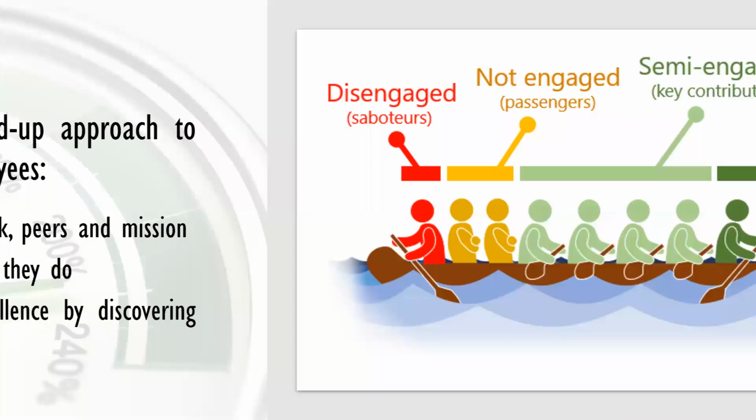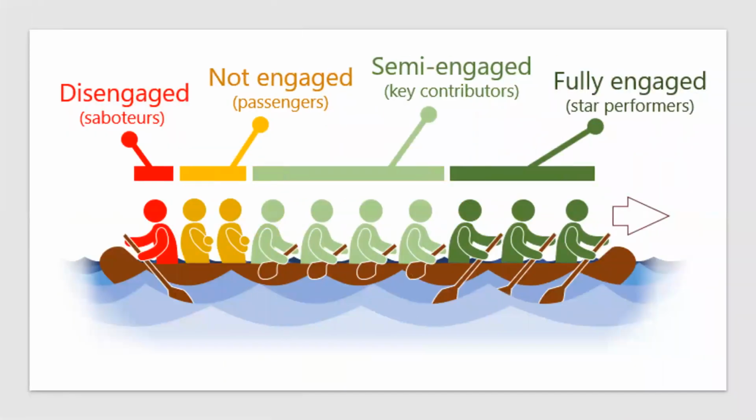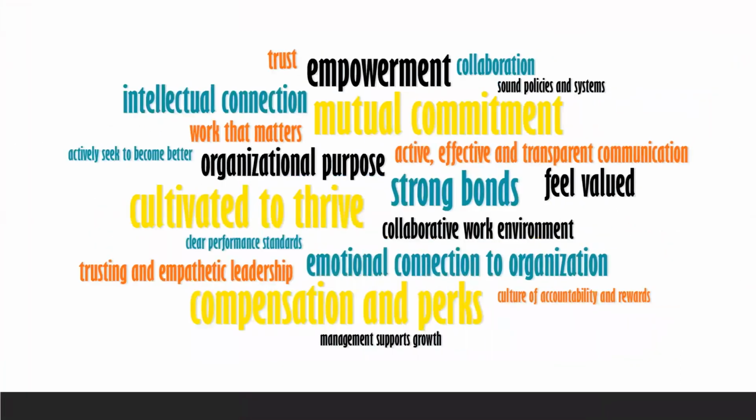It's interesting to note, Gallup data shows only 13 to 19% on average are highly engaged. 32% are not engaged. That's almost a third of your team sinking your boat. And our engagement is not all completely us.